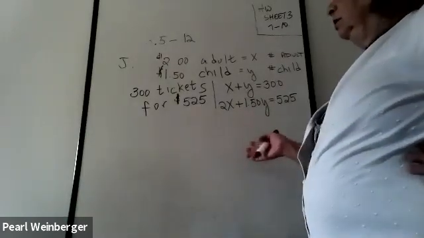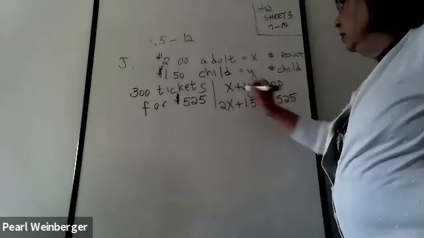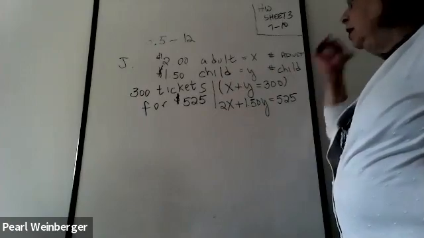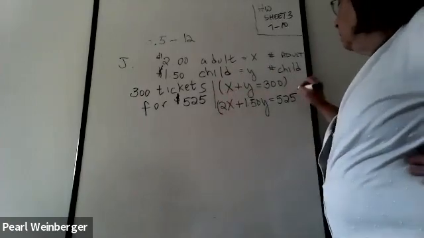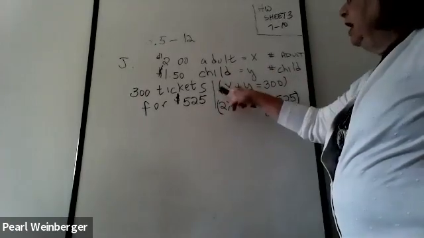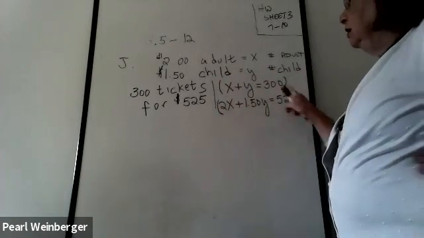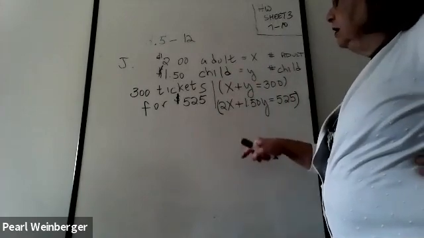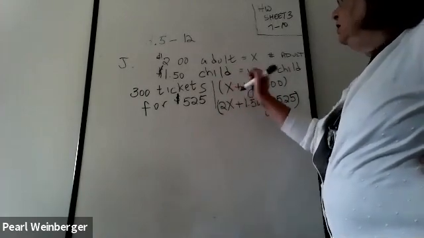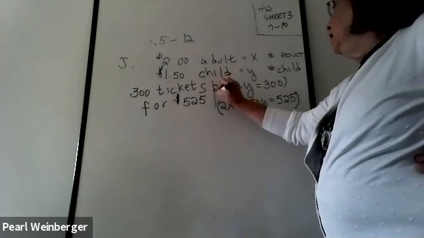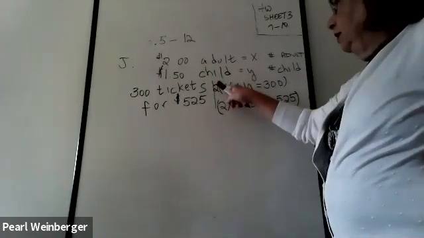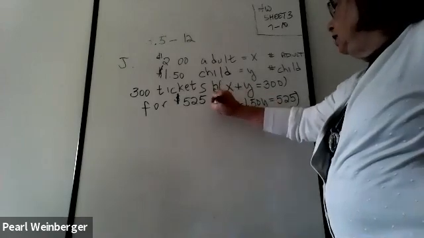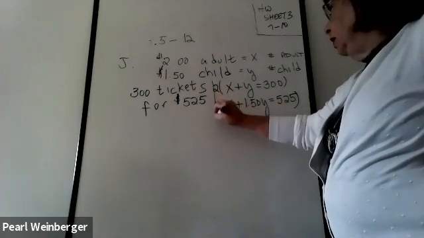Now, let's again use the elimination method because we have each of the equations in standard form. Let's get rid of the X's. I think those are the easiest, which means the top equation I'll multiply by 2. And the bottom equation, since there's no number in front of the X, it's understood to be a 1, I'll multiply by 1.